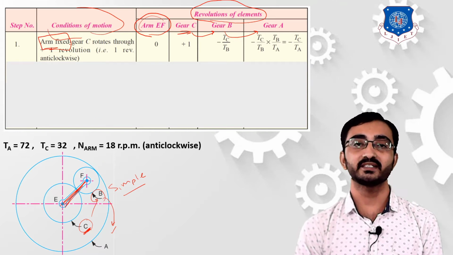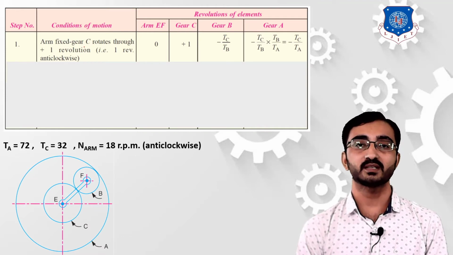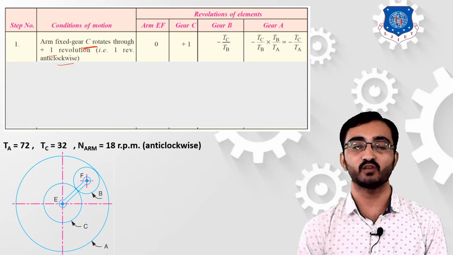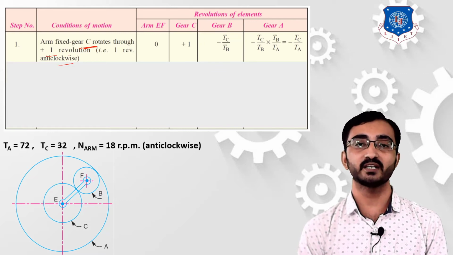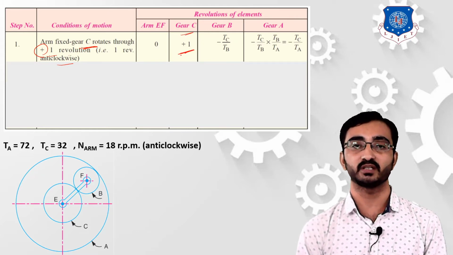Now let's consider that the arm is fixed and gear C rotates through +1 revolution, that is in anti-clockwise direction. So for assumption purposes, gear C is rotating with 1 revolution in anti-clockwise direction, and we consider anti-clockwise as plus.